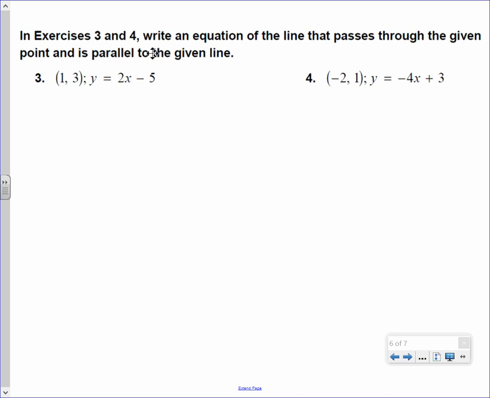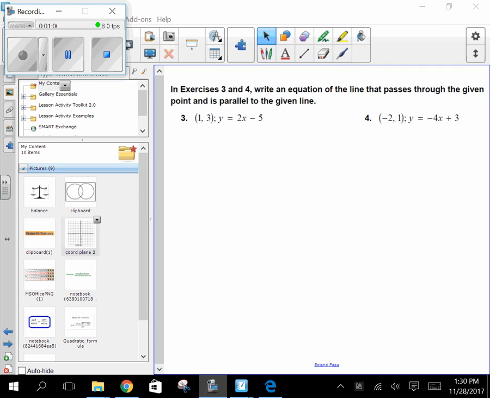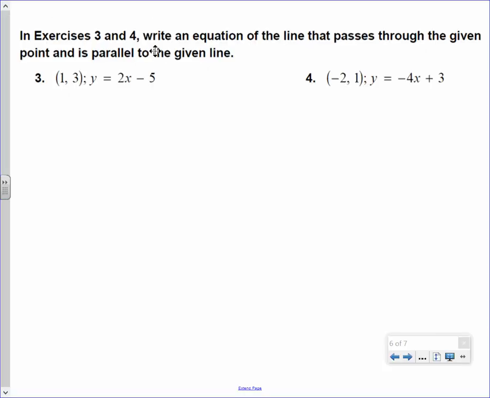Write an equation of the line that passes through the given point and is parallel to the given line. The mission right now, I'll let you finish writing this, is to write an equation of a brand new line that is parallel with a given line.